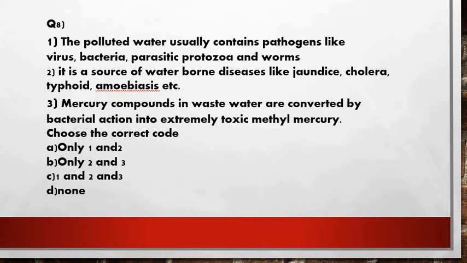So which of the following statements is correct? Option A, only 1 and 2, B, 2 and 3, C, 1, 2, 3, and D is none of the above. So choose the correct answer.